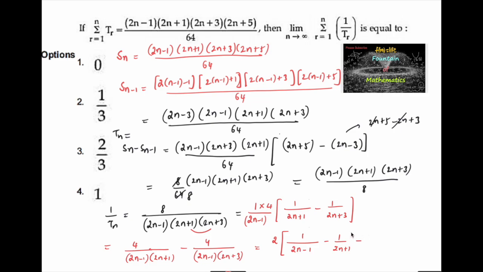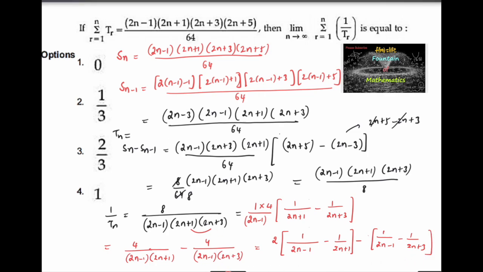And again here, the difference between 2n minus 1 and 2n plus 3 is 4. So we can write 1 upon 2n minus 1 minus 1 upon 2n plus 3.